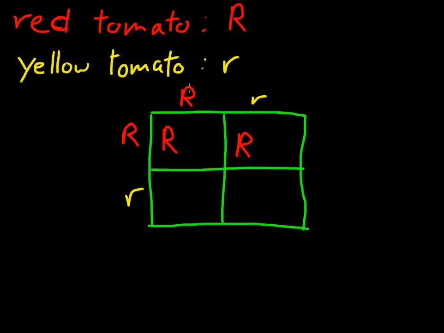This parent, okay, will pass on this allele like this, and here. This parent will give this allele here, so we're gonna write like this. This parent will give it like this.